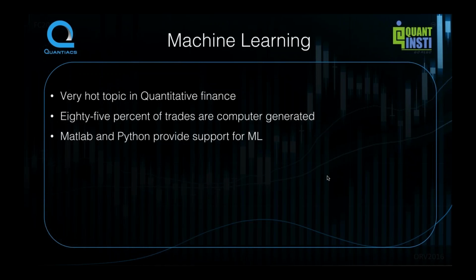So everything is computer generated. The good news is both MATLAB and Python have very strong support for machine learning. Python has many open source libraries that can be downloaded and used for free. So the time to do artificial intelligence and quantitative finance is definitely now.